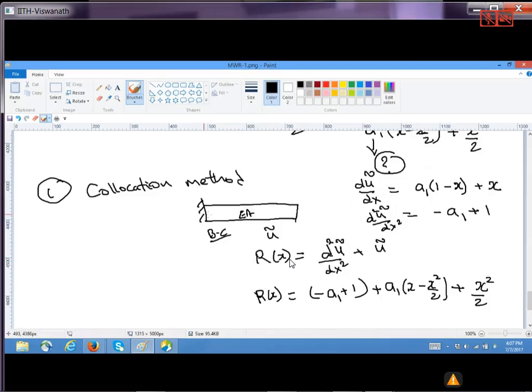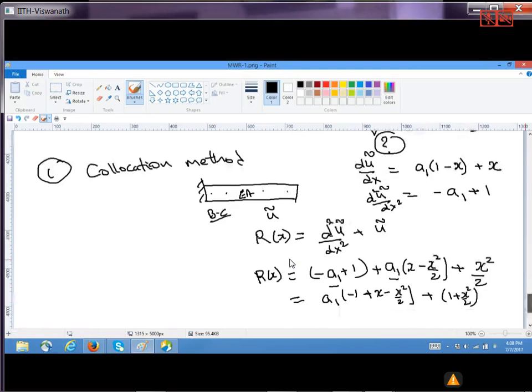Now there is a residue here, here, here, and here. But how many unknown coefficients are there for me? I have only one unknown coefficient. Let me rewrite it in a simpler fashion: a1 times minus 1 plus x minus x square by 2, plus 1 plus x square by 2, is my residue.